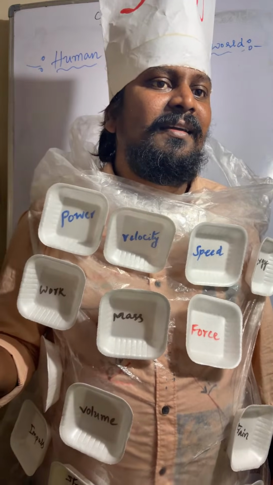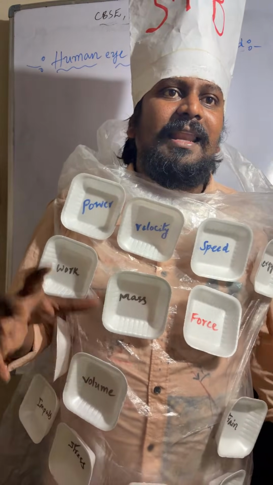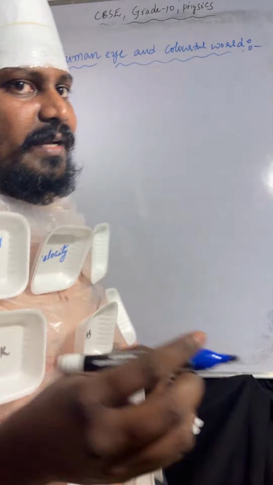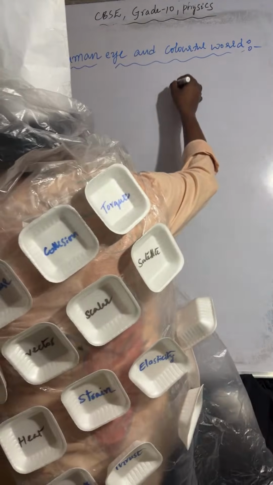Next one: when a light ray passes through the prism, it splits into 7 colors. Here I'm taking this prism.